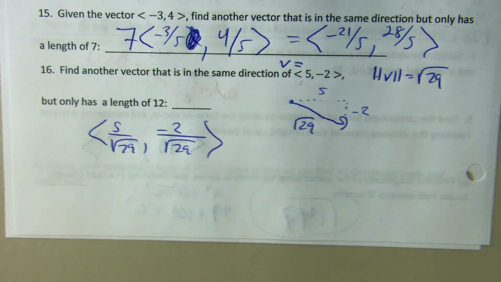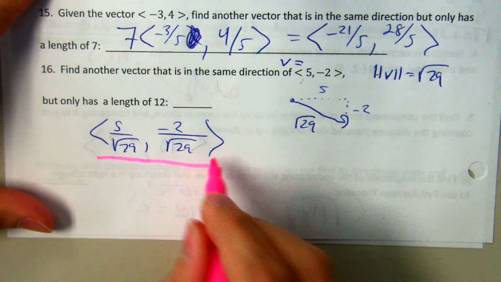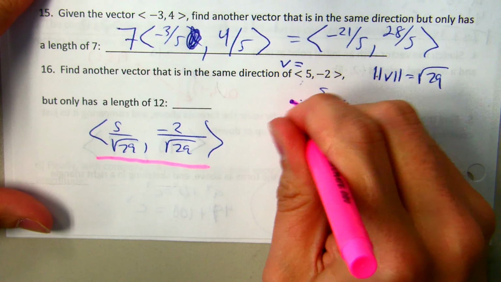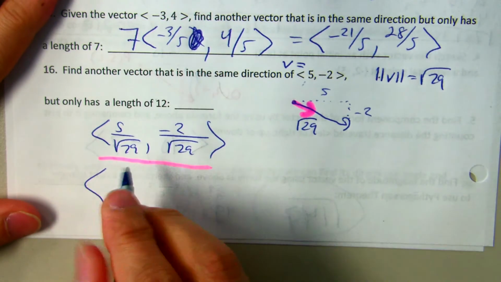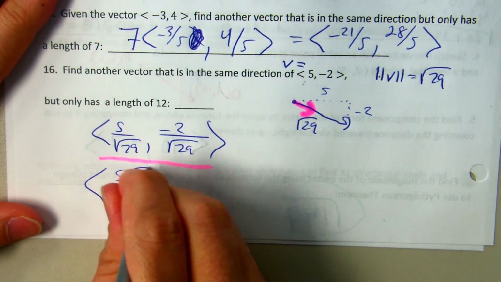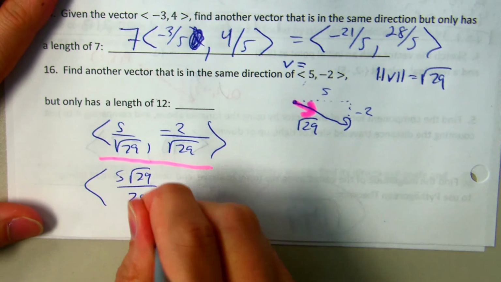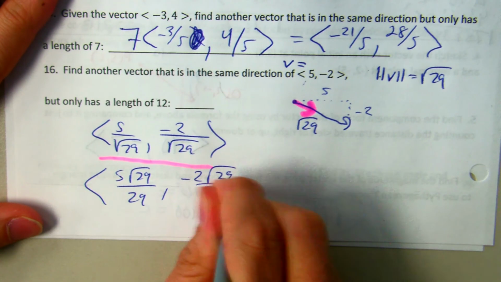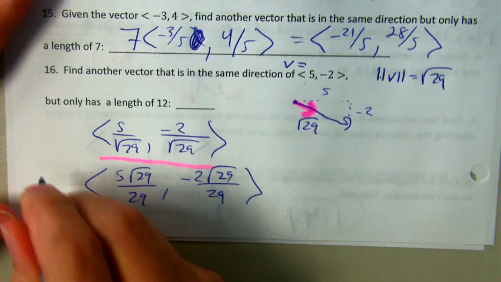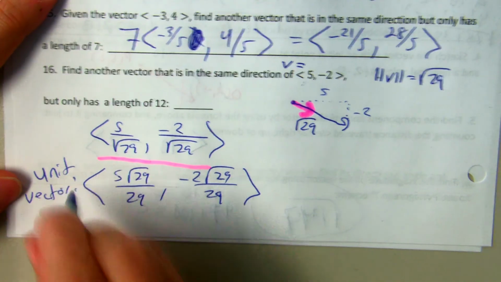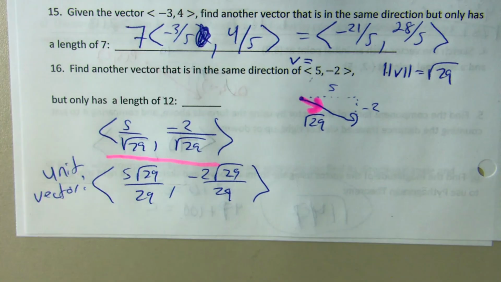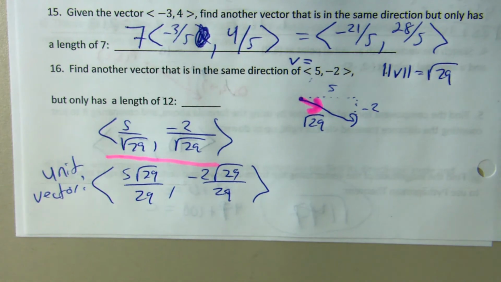So this guy would look like this. Alright, but you know that we're probably going to rationalize this, multiplying the top and the bottom by the square root of 29. So this has a fancy name, and we will ask you to find the unit vector multiple times.